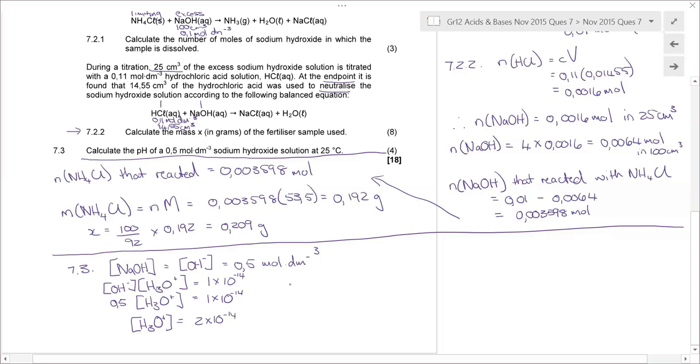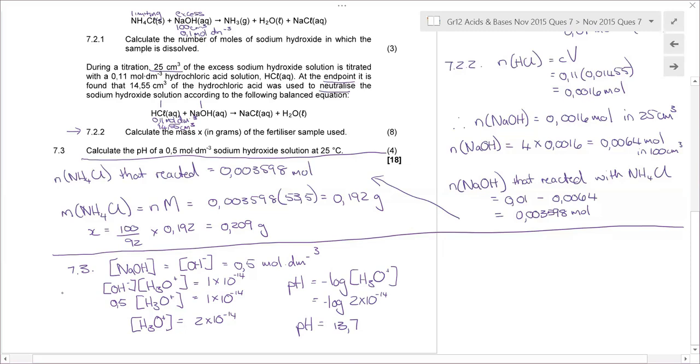We substitute that into our log equation. pH is negative log. Give all the equations, please. pH is negative log of your hydronium ion concentration. So that's negative log of 2 times 10 to the negative 14. So we get a pH of 13.698, so I'm going to make it 13.7.